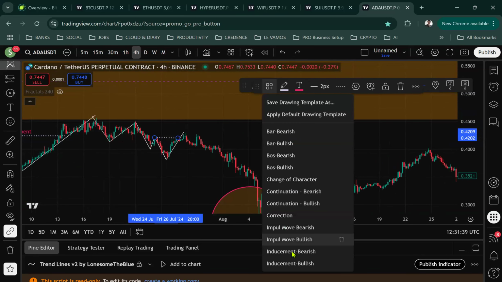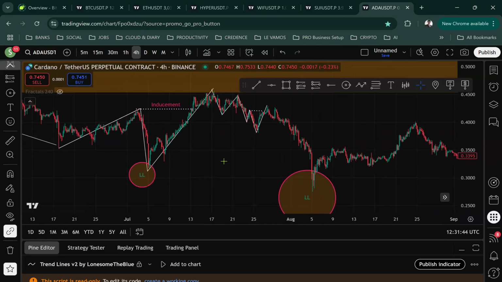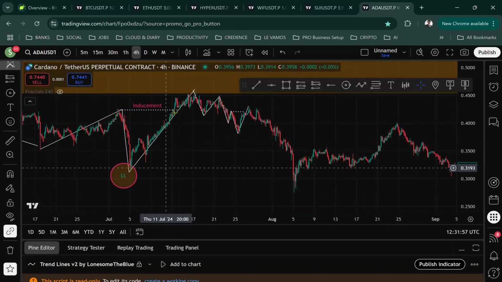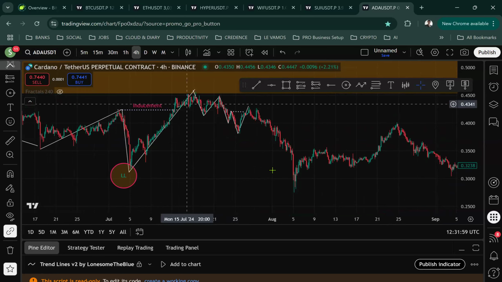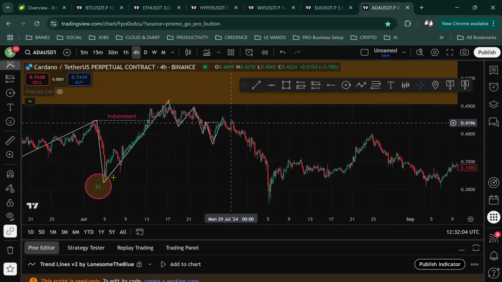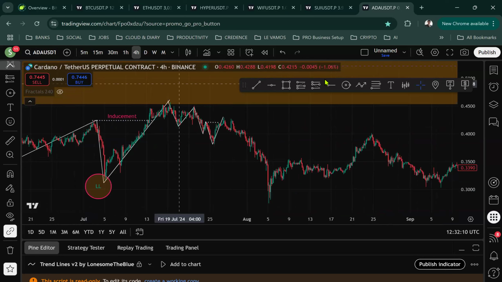If you look at the last lower low, this one, the one before, second to the last lower low, this one, the downtrend still continues. So there was a break. Yes, from this lower low, the downtrend is continuing.